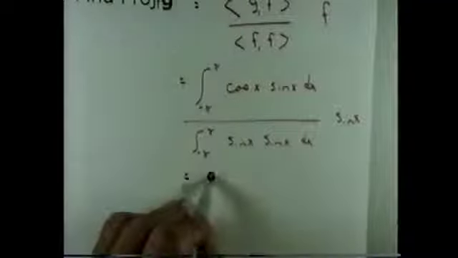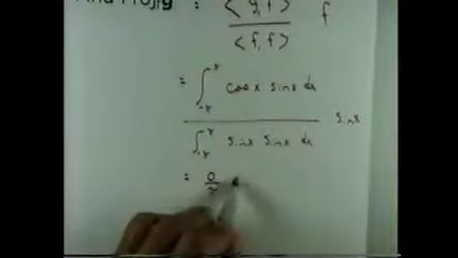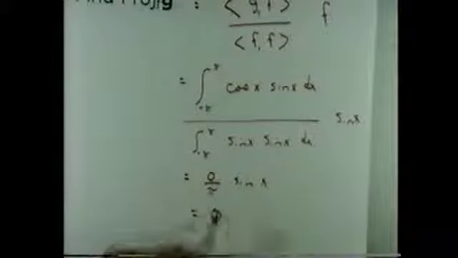Just to make sure my projection was defined, I also did the denominator, authored it, and got pi. So as you can see, the first integral is 0. The denominator is pi. So we would have 0 over pi times sine x, which is 0.